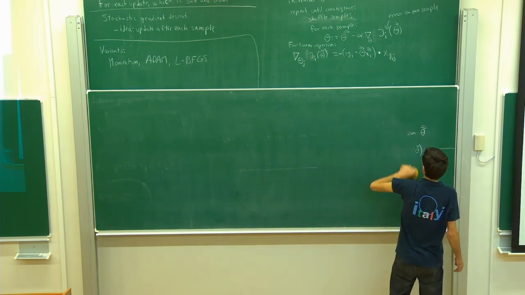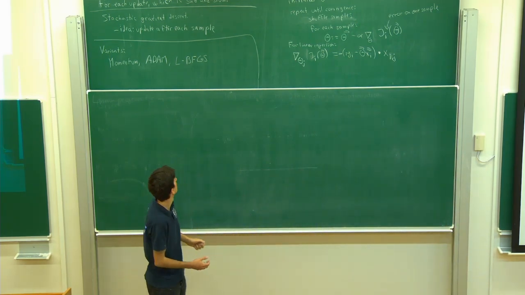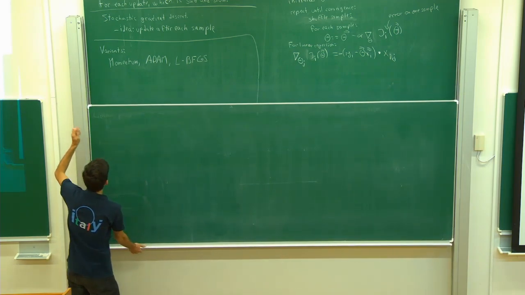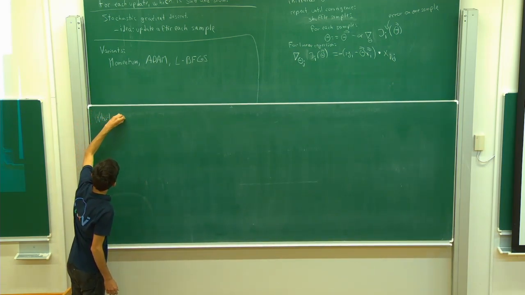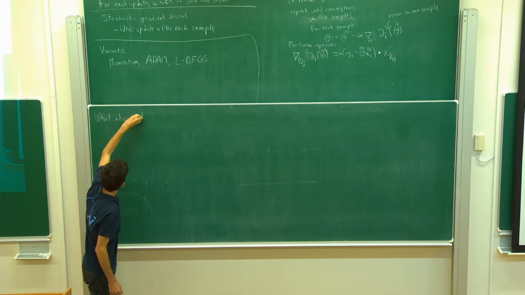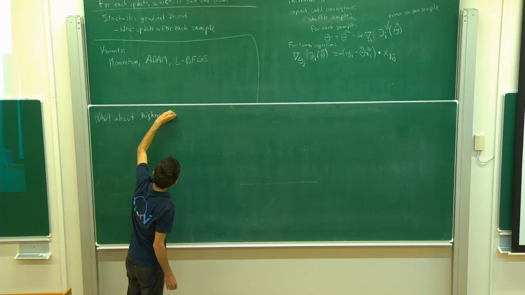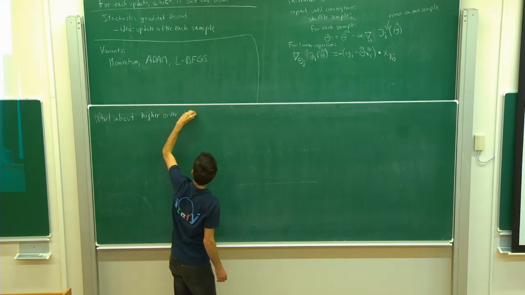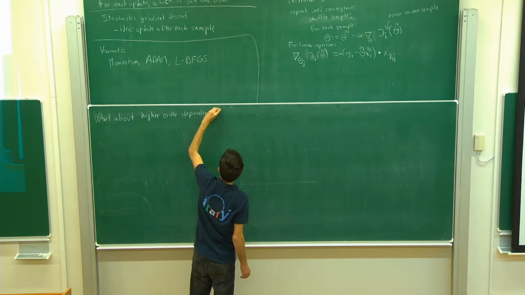For example, we would love to have some kind of polynomial dependency. So let's answer the question: what about higher order dependencies or interactions?